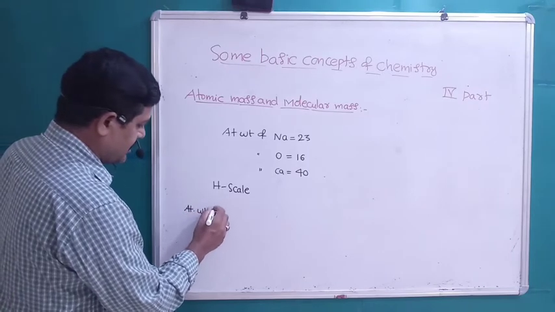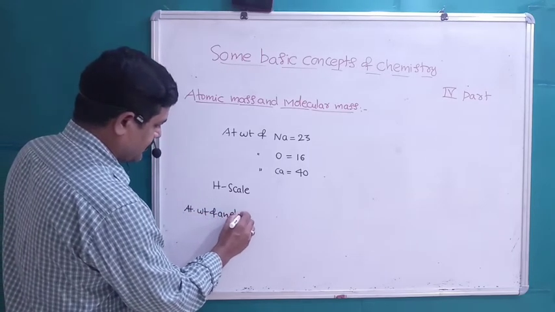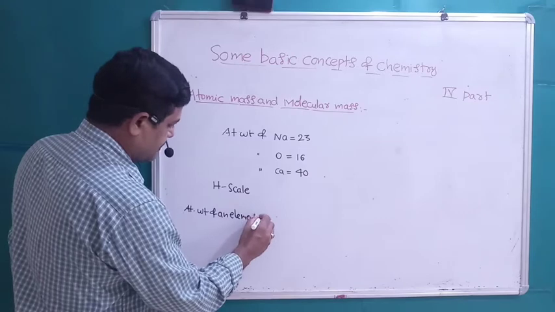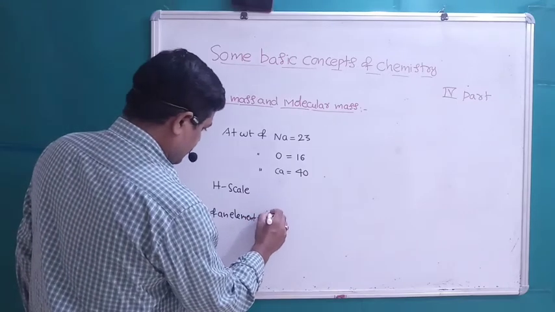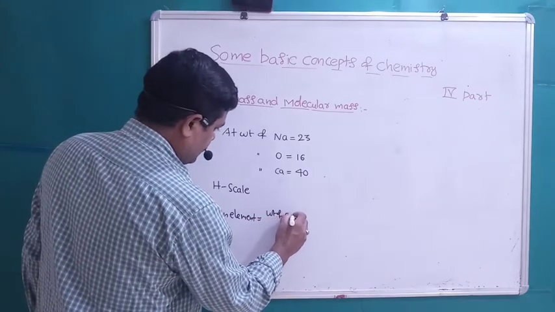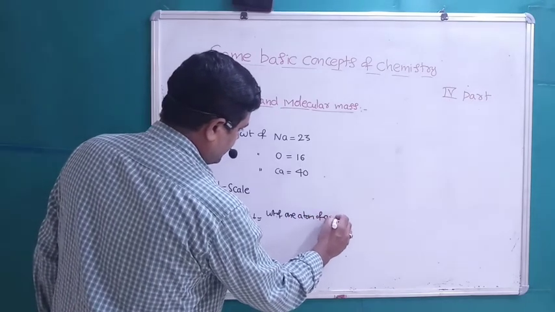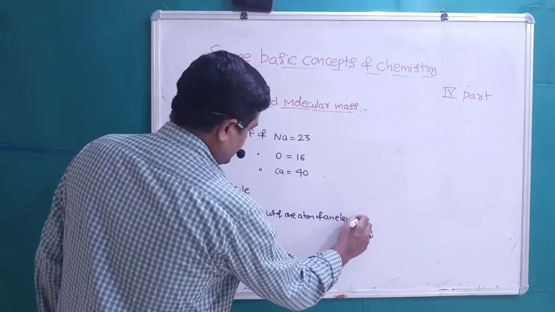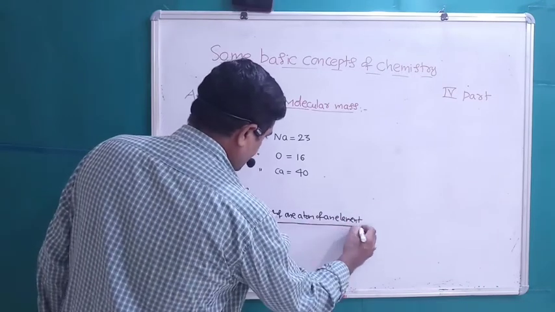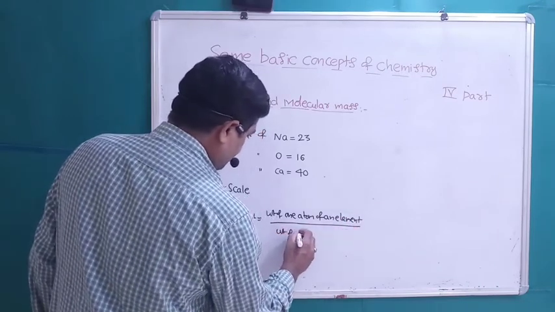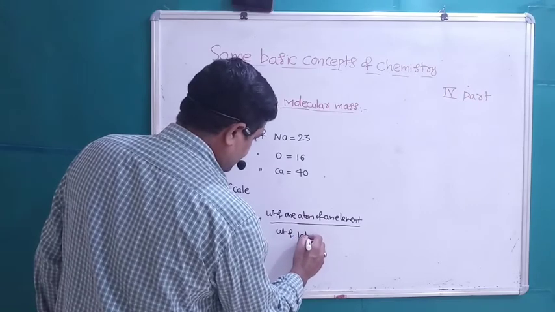Atomic weight of an element is the weight of one atom of an element divided by the weight of one atom of hydrogen.